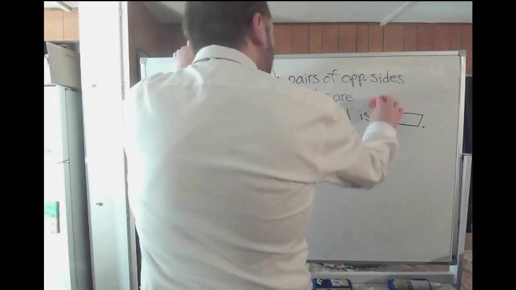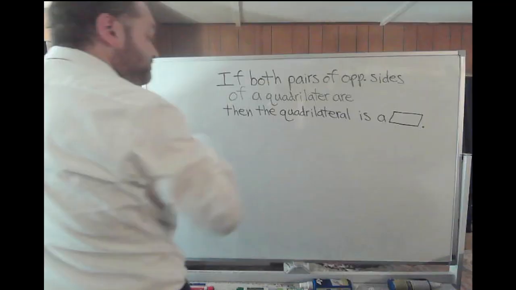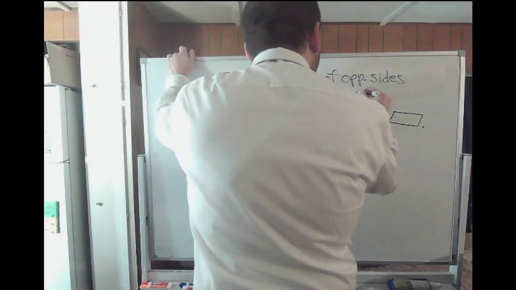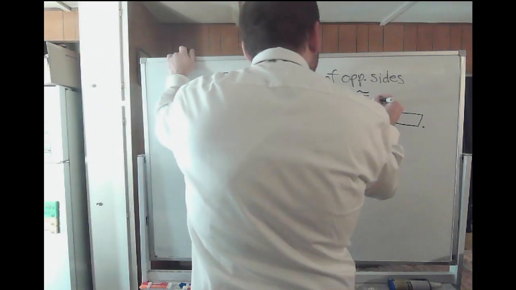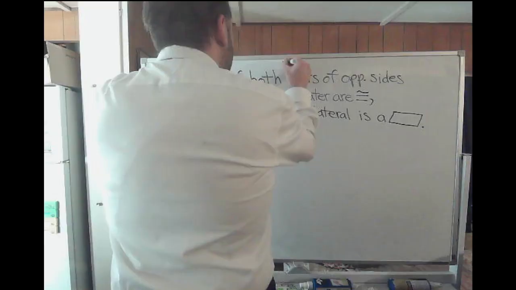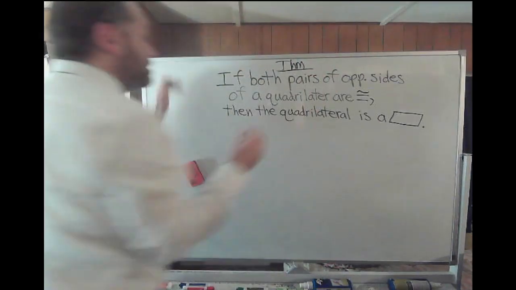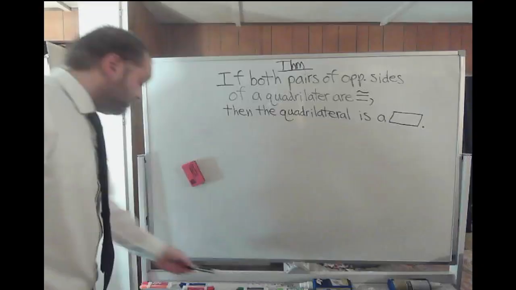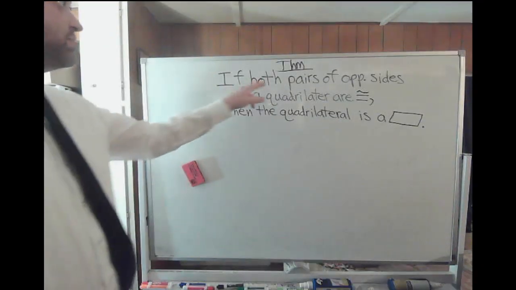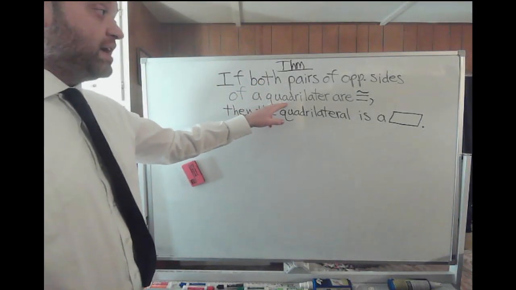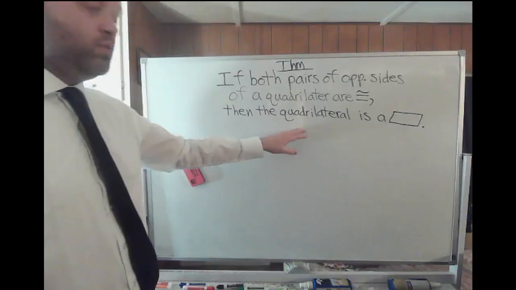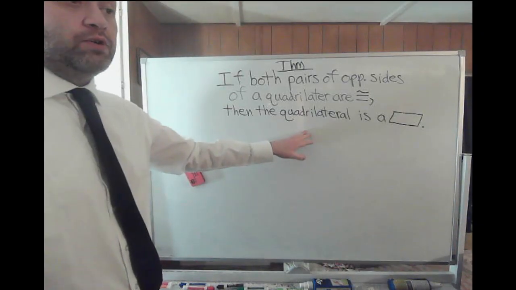Alright, now we have 4 new theorems. Here is a new theorem. This theorem states that if both pairs of opposite sides of a quadrilateral are congruent, then the quadrilateral is a parallelogram.